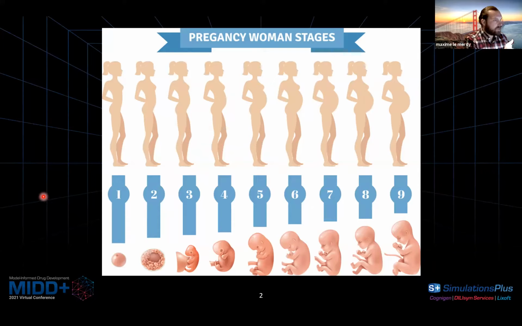Some of the tissue would change, but not all of them, to make space for the fetus to grow within the maternal body. And on the fetal side, we start from one cell to go to, in the end, a 3.5 kilogram baby on average at delivery. So there are a lot of changes on both sides that need to be considered when we are giving a drug. And it really depends whether we want to give a drug to treat a specific disease that affects the mom or the fetus.